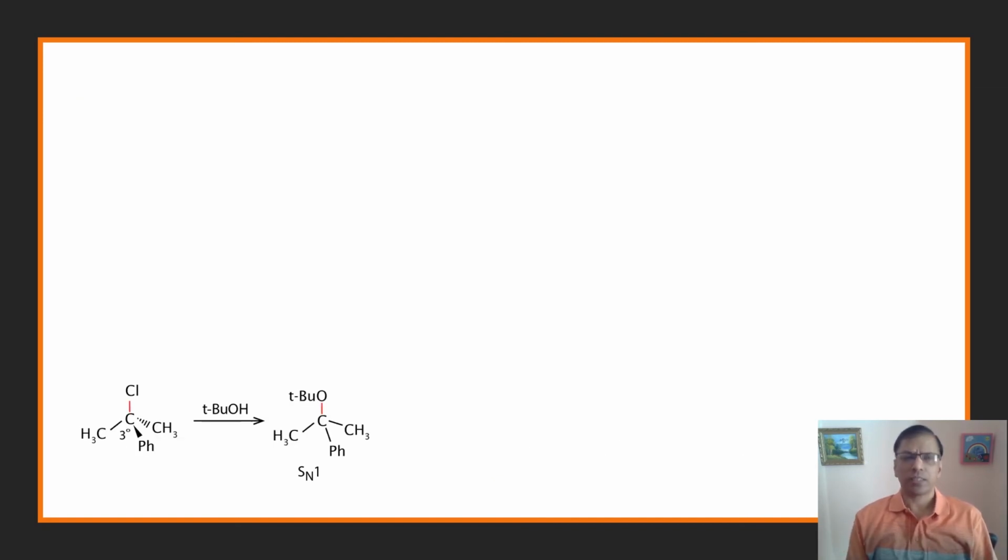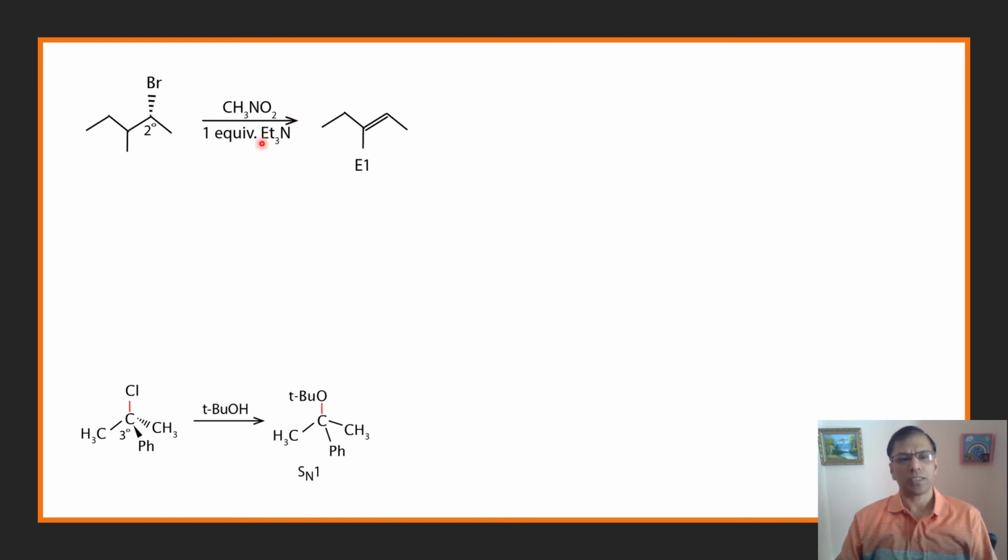So let's look at more examples. So this is a secondary alkyl halide. The reaction is occurring in nitromethane as a solvent, so it is a polar aprotic solvent.